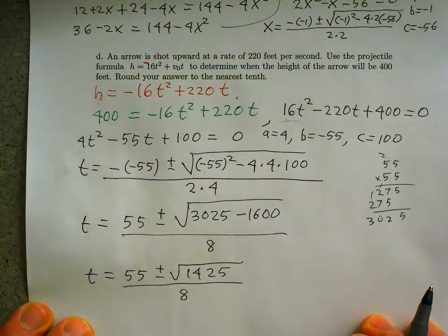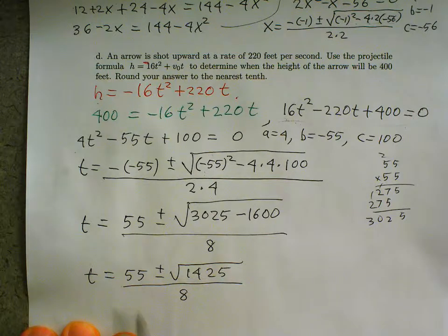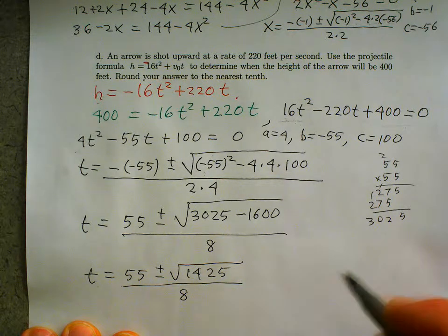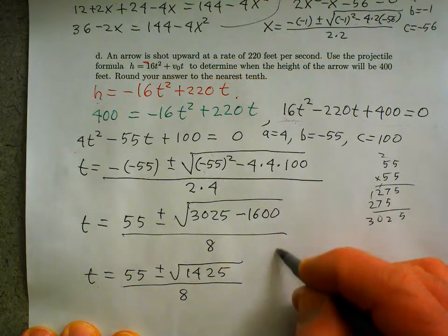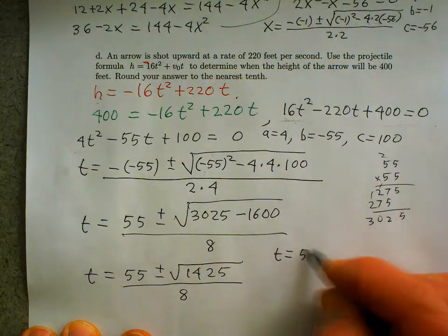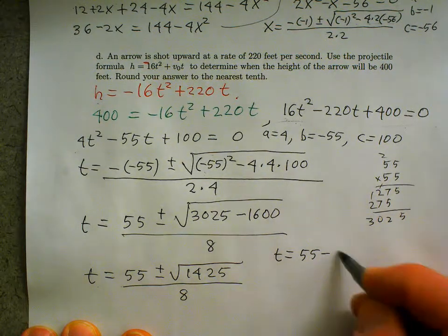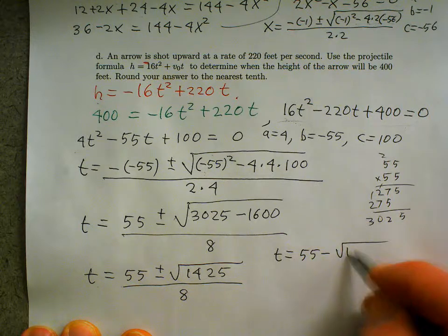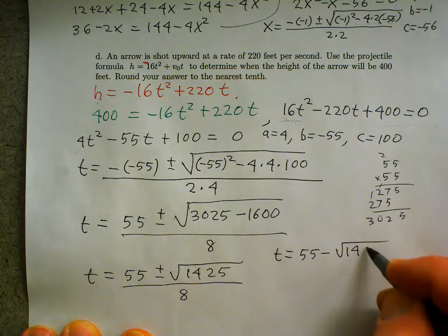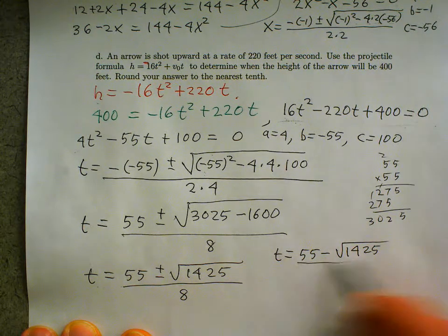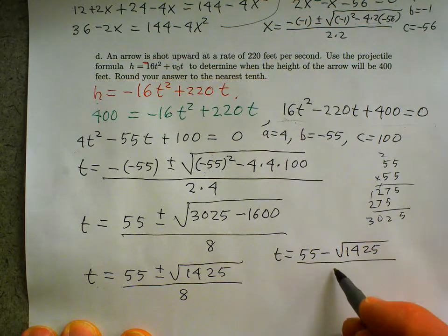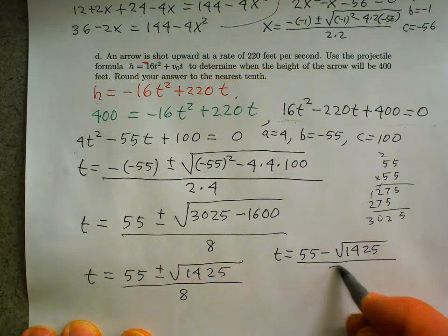So notice that both solutions are real numbers. The smaller solution, t equals 55 minus the square root of 1425, divided by 8.